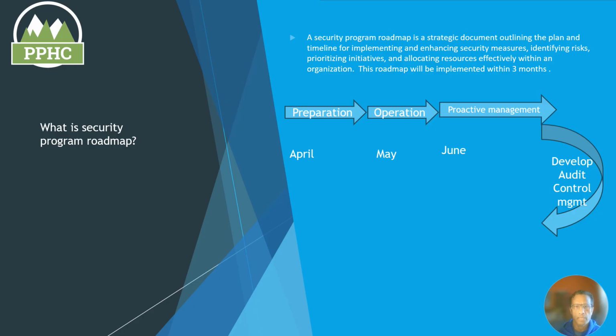In April we're going to do preparation, then May will be operation, and in June we're going to do proactive management and develop audit control management.